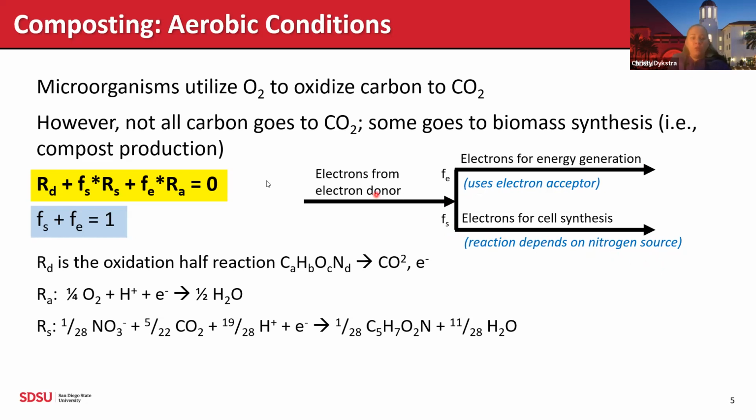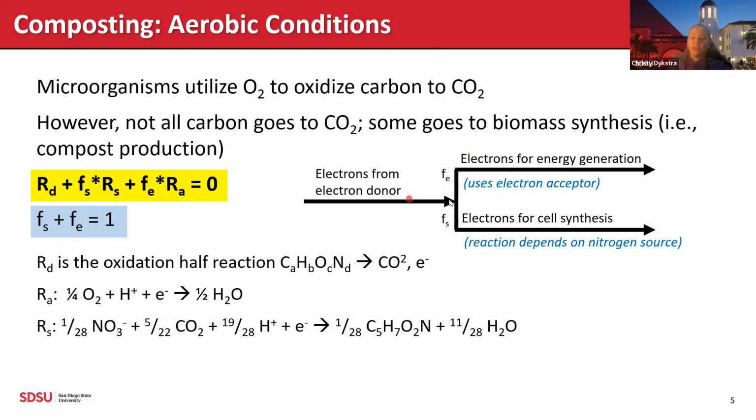One thing that's important is Fe, which is the fraction of electrons from the electron donor that go towards energy generation, and Fs, the fraction of electrons that go towards cell synthesis. If you add these together, they should be 1, right? It makes sense because let's say 80% go this way. Well, then Fe would be 0.8, and Fs would be 0.2.